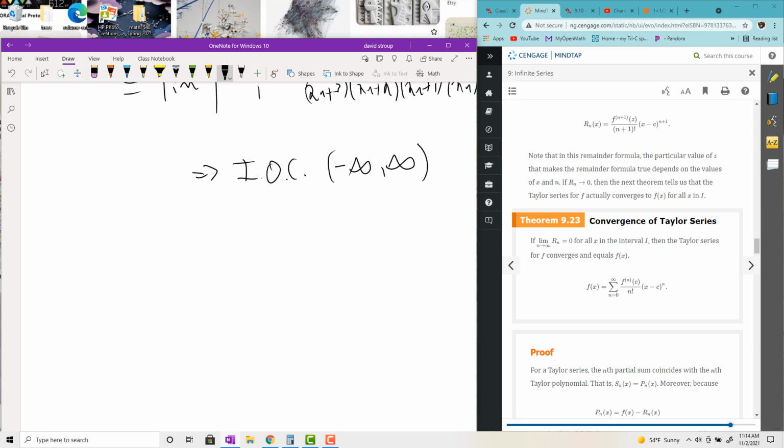Okay, so let's see, I want to make that a new section. Sure, so we'll make this section 2, convergence of the Taylor series.